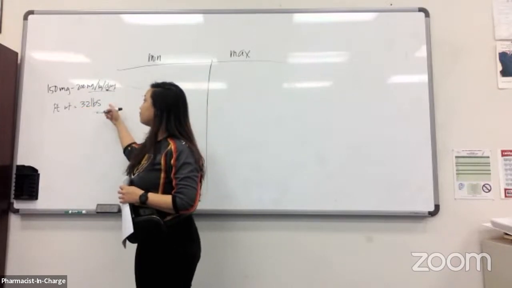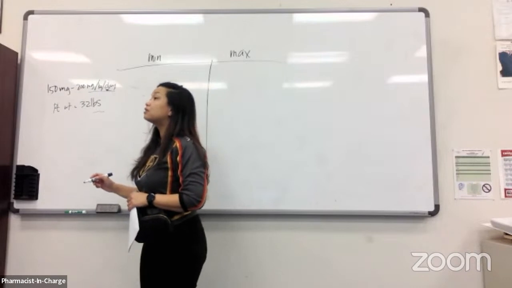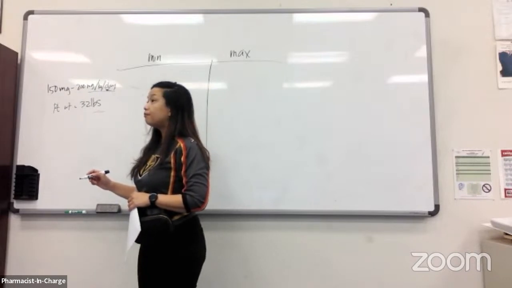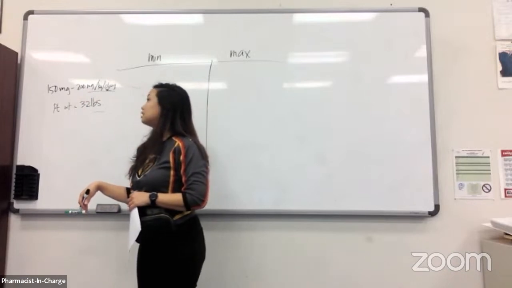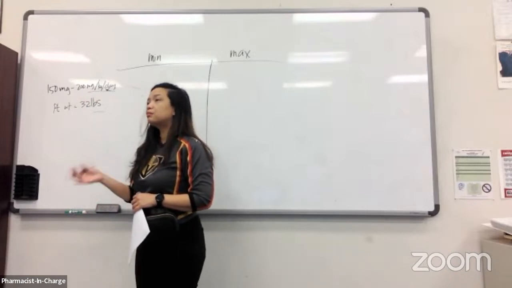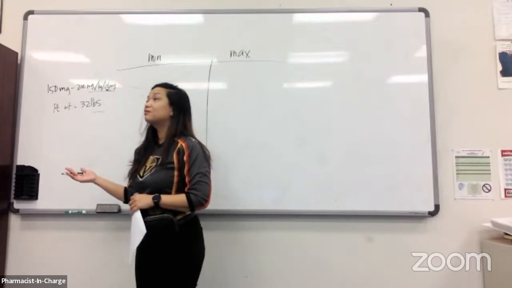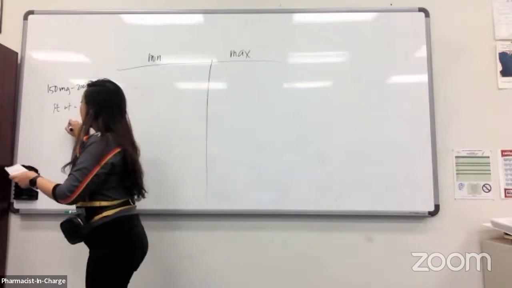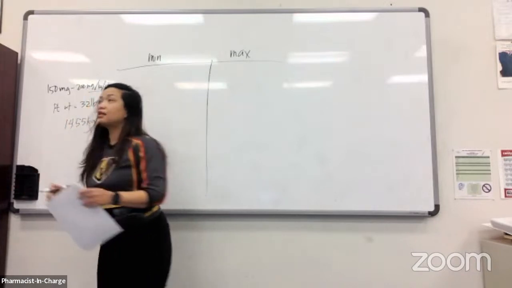So correct, you have to convert your 32 pounds to kilograms first. That's the first step. You can do ratio and proportion or dimensional analysis, but I don't like you multiplying or dividing. I'm going to put 14.55 kilograms on the side.